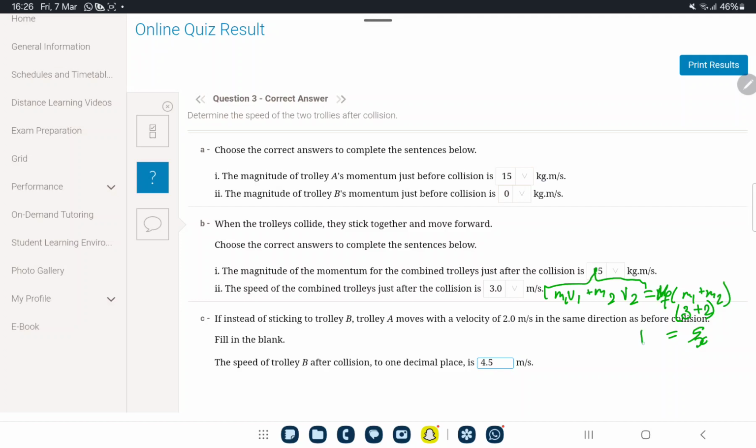We got 15. So 15 divided by 5, 3. So 3 equals x.